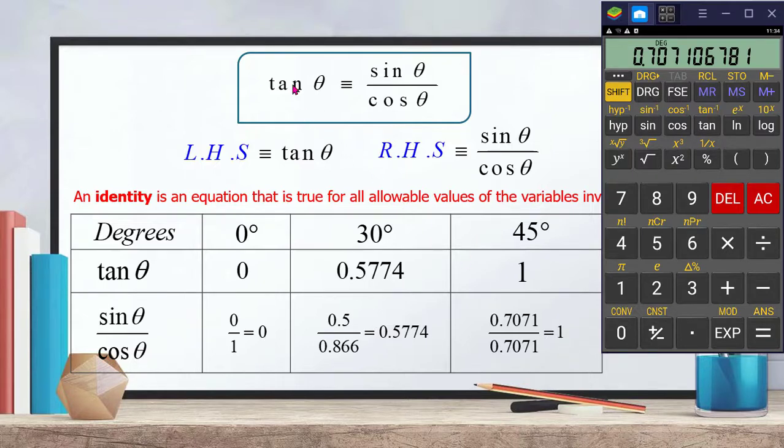So we're saying that tan 45 degrees and sine 45 degrees divided by cosine 45 degrees are identical. The right hand side and the left hand side will be the same. Okay, so this is what identities stand for.